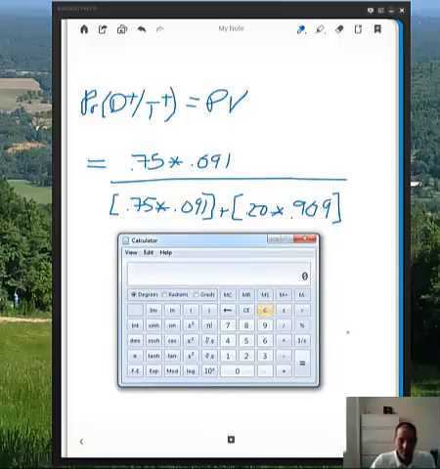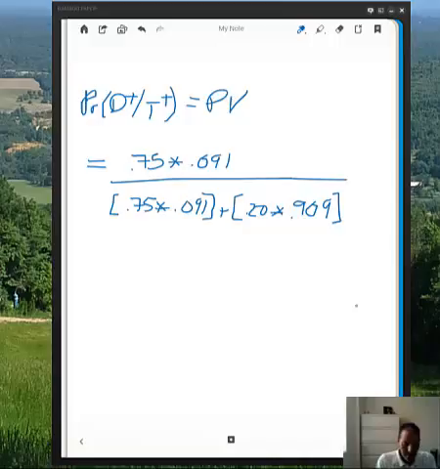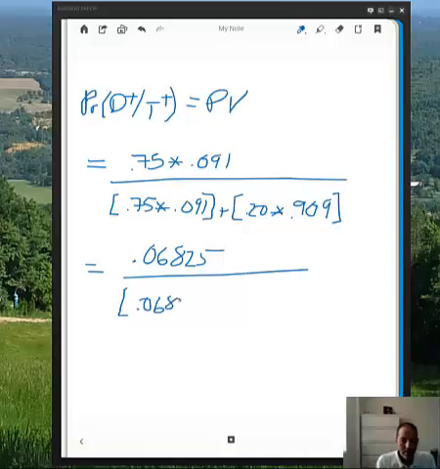So clear, so 0.75 times 0.091 equals 0.06825. So this is going to be 0.06825. And we'll repeat that in the denominator, 0.06825.